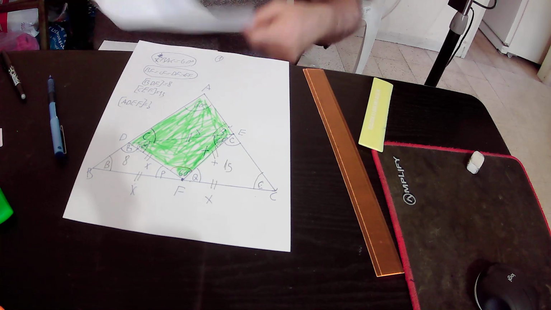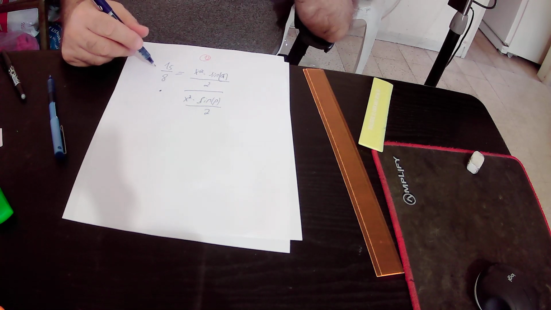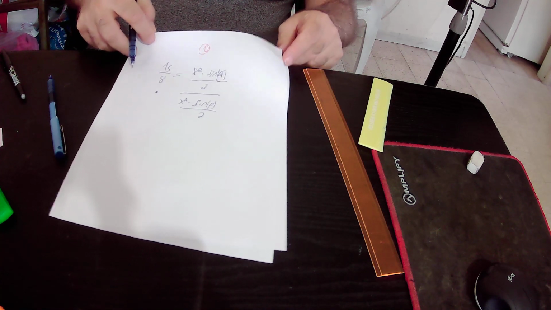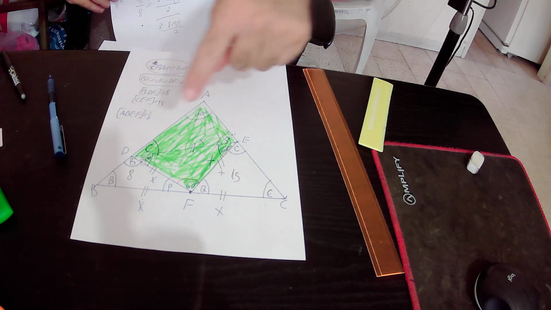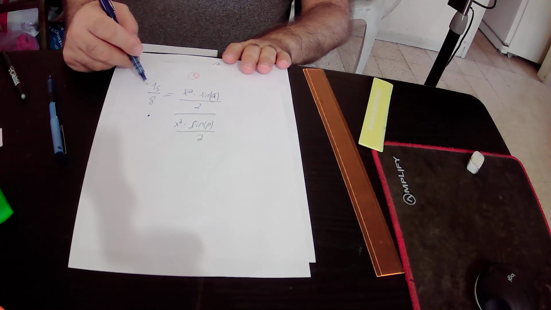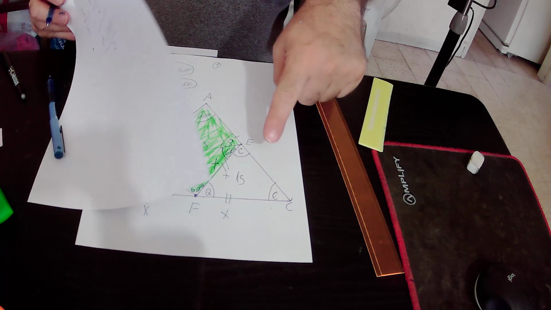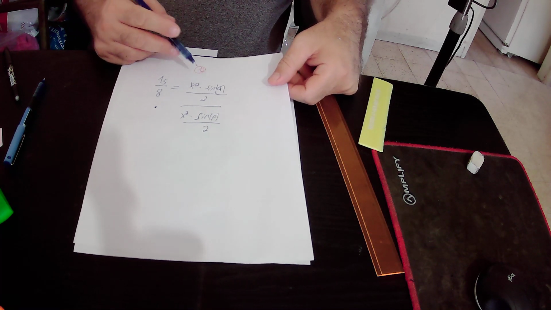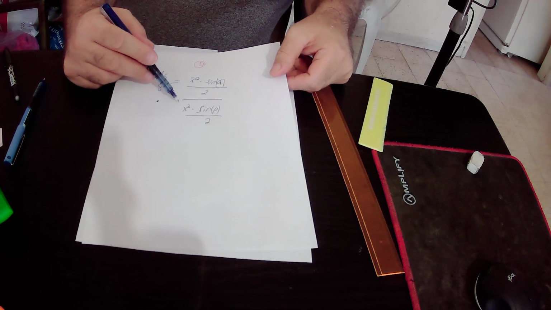So in total we got that the ratio between the areas of those two triangles, triangle EFC and triangle DBF, equals 15 over 8. The area of triangle EFC equals X squared times sine Q over 2, and the area of triangle DBF equals X squared times sine P over 2.